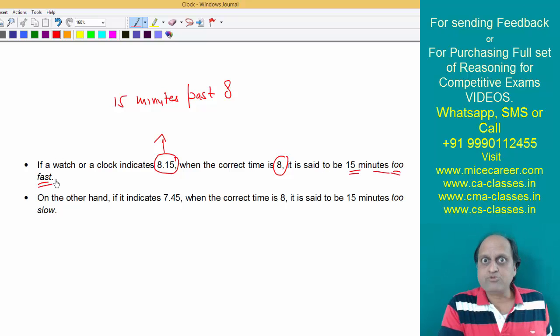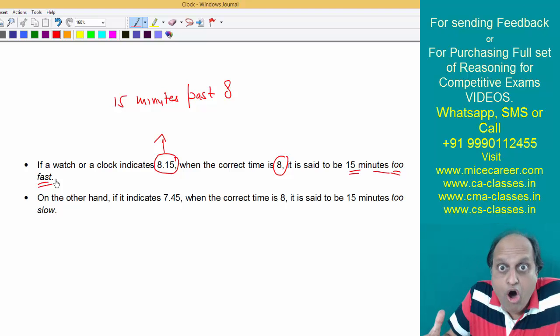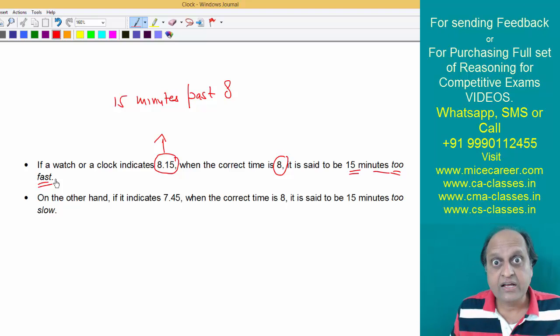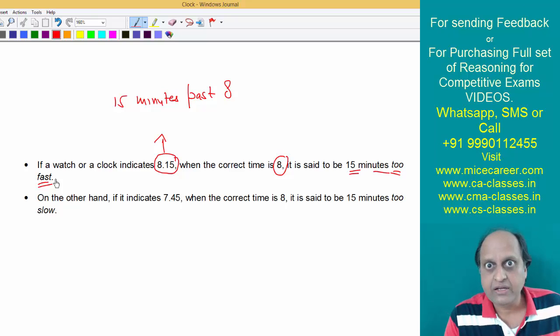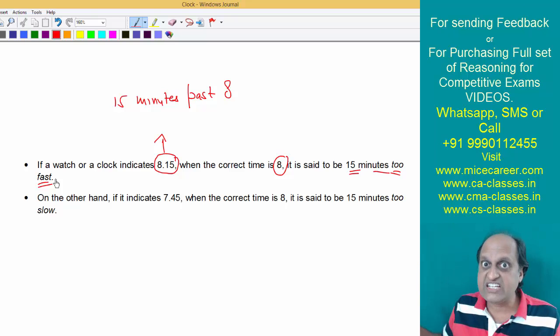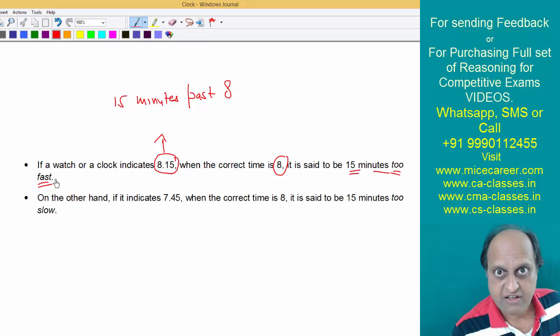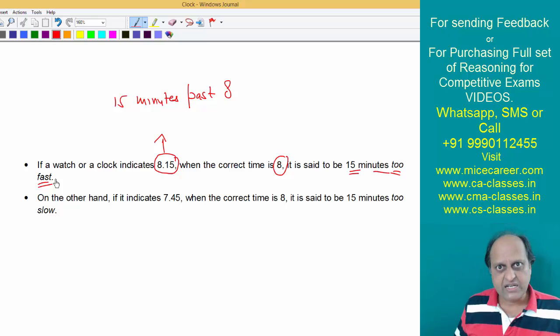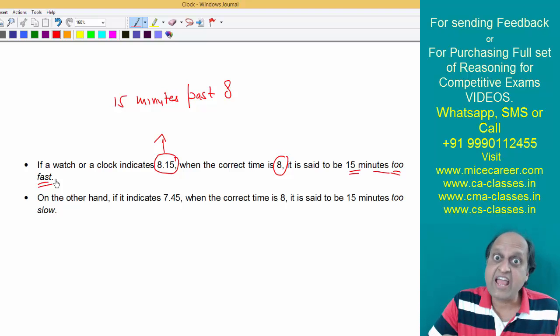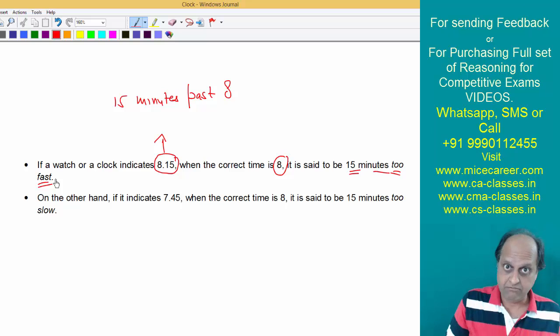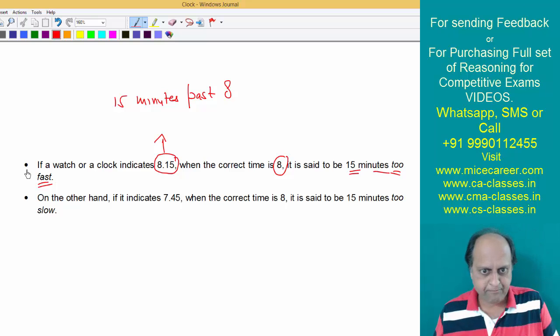The actual time should have been 8, but the clock is showing 8:15. When we say that this clock is fast, this means it always overtells the time. It tells the time which is more than the actual time. This you have to understand.